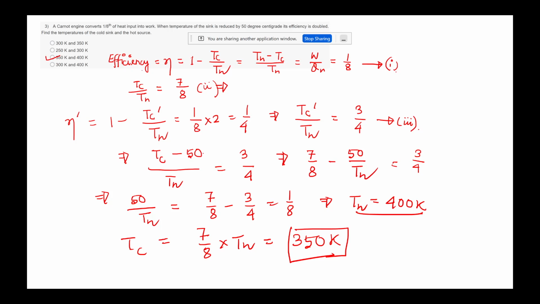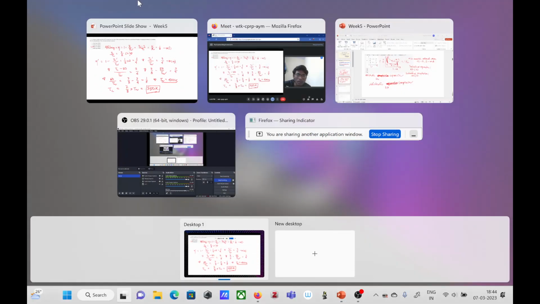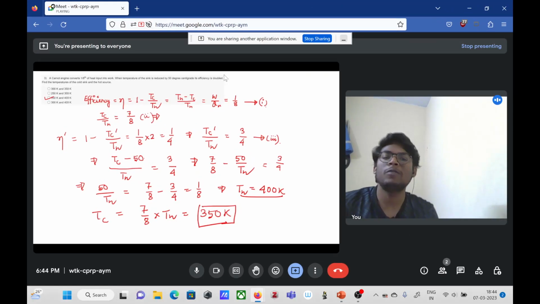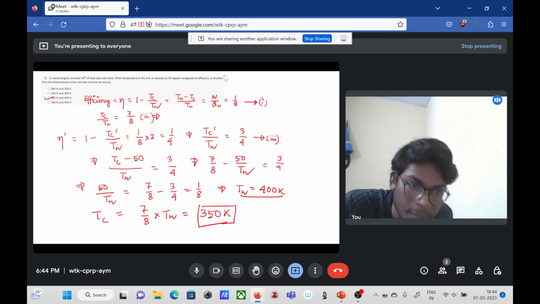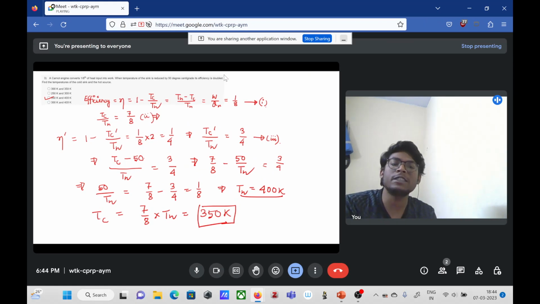We actually first calculated the efficiency, and its formula is 1 minus Tc by Th, that is 1 minus temperature of cold reservoir or the sink divided by temperature of hot reservoir or the source.